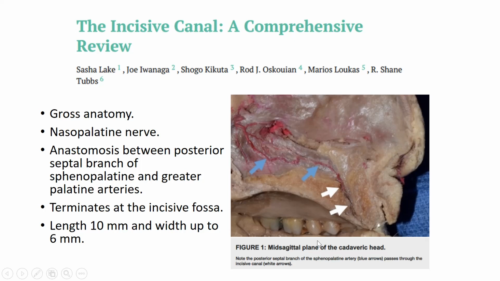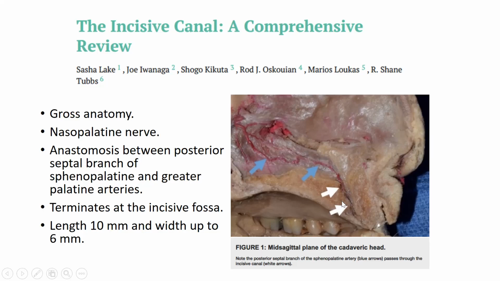And superiorly, this will extend to the nasal cavity on each side of the nasal septum as the nasal foramina. It has a characteristic V shape or Y shape, and on average, it has a length of 10 millimeters and a width of up to 6 millimeters at the incisive fossa.